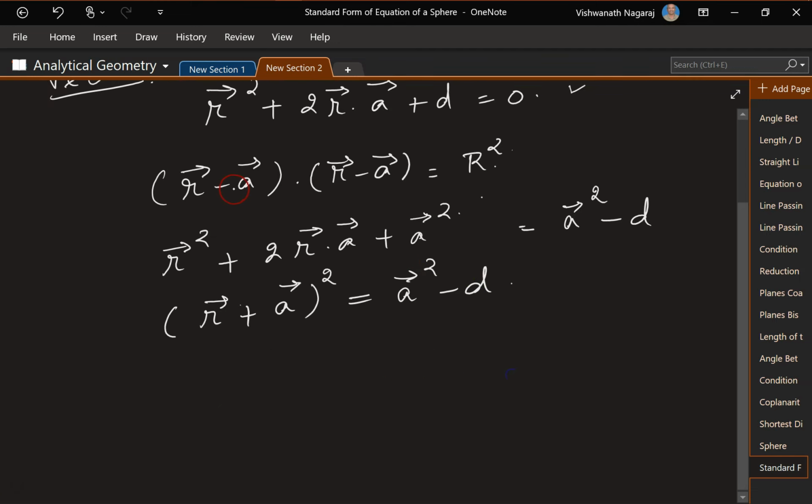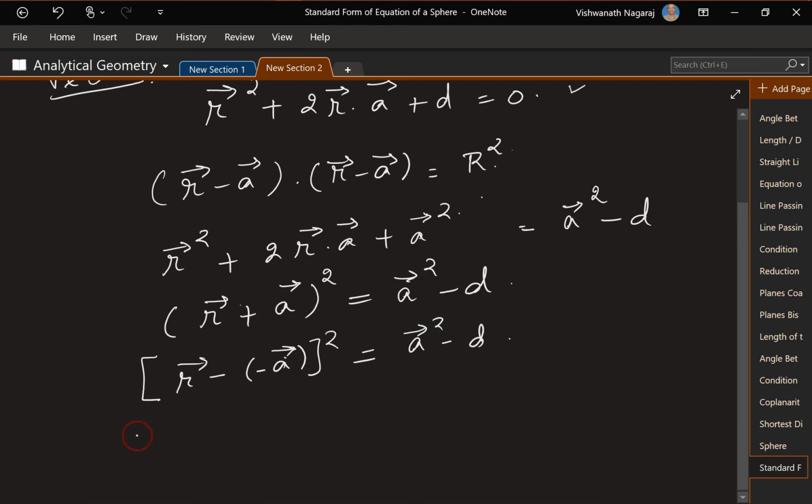The equation of the sphere contains a minus, so we have to convert this plus into minus. How do we do that? Very easy. Make it a minus, in which case the vector becomes r minus of minus a, and is equal to a square minus d.